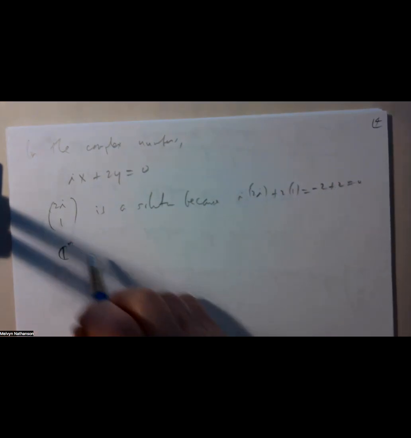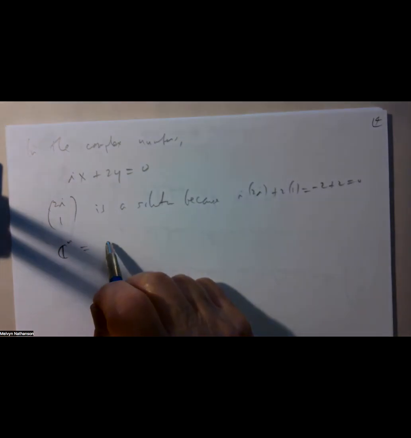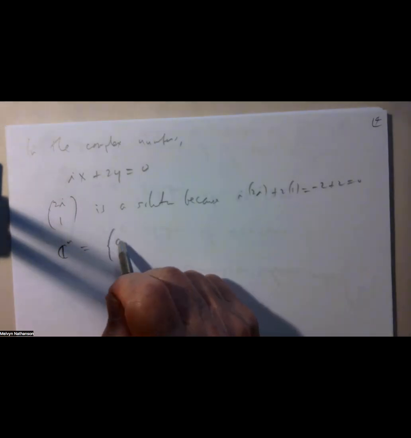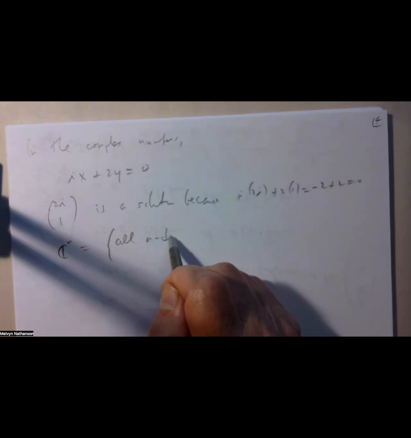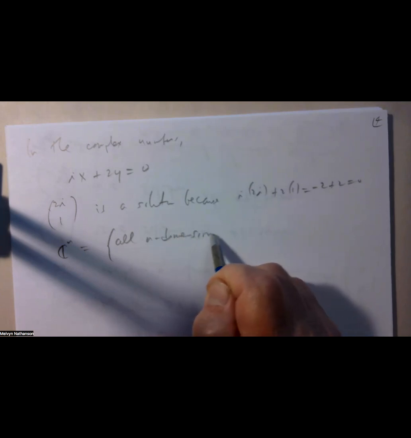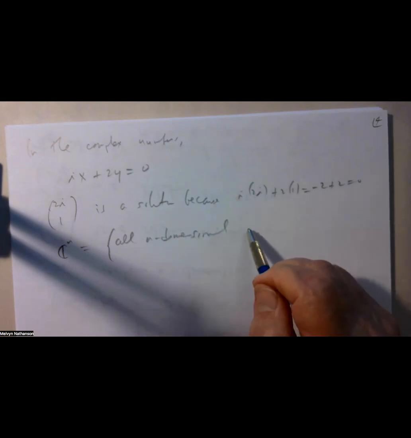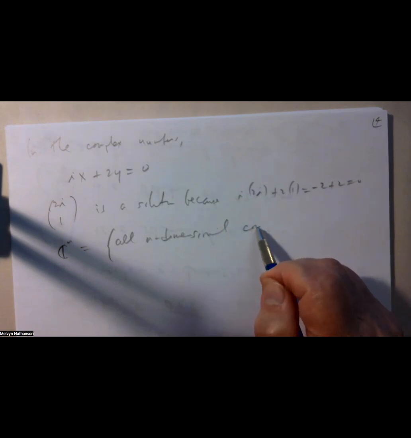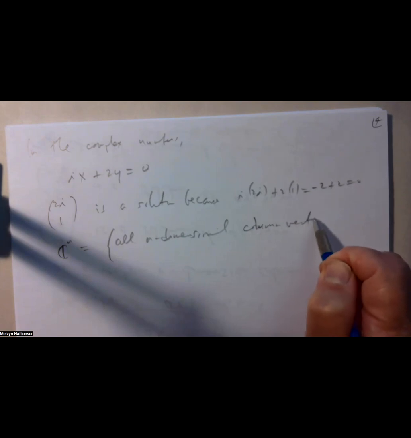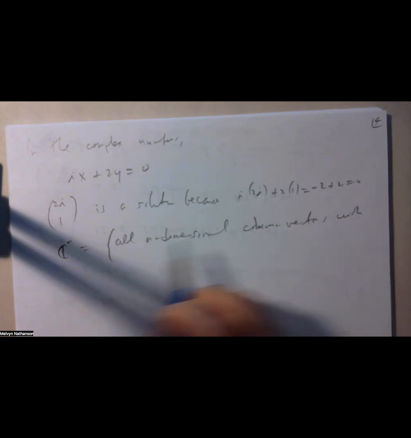And by Cn, we mean the set of all n-dimensional column vectors with complex coordinates.